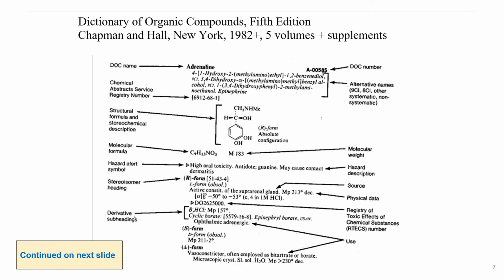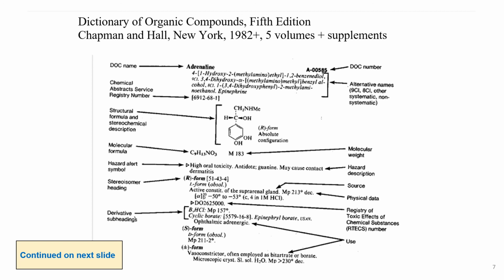Another useful publication, like an expanded version of the Merck Index, is the Dictionary of Organic Compounds. At City College, we have the 5th edition, and we also have the 4th edition. The reason why we keep the older edition is the same reason we try to keep the older editions of the Kirk-Othmer Encyclopedia.